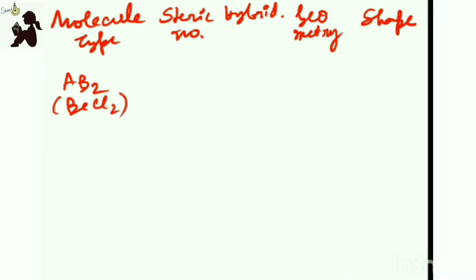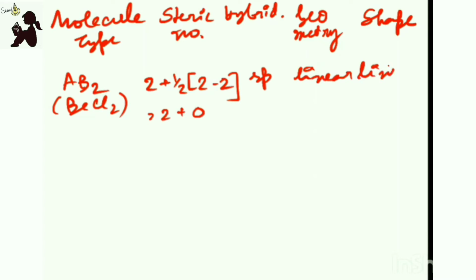We have already seen its hybridization, but I am going to explain the steric number here and how you conclude the other things from this in the exam. Number of surrounding atoms is 2 plus half into the valency of Be, which is 2, and the total valency of surrounding atoms, that is chlorine, is 1 into 2, which is 2. So it will come like this. Hybridization will be sp, geometry will be linear, and shape will be linear.